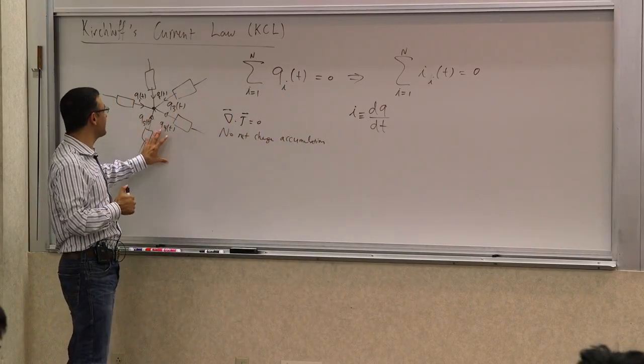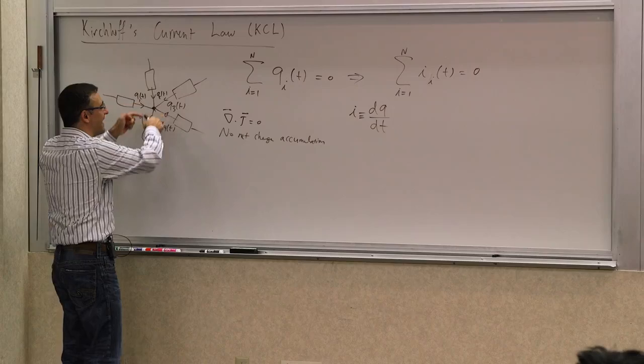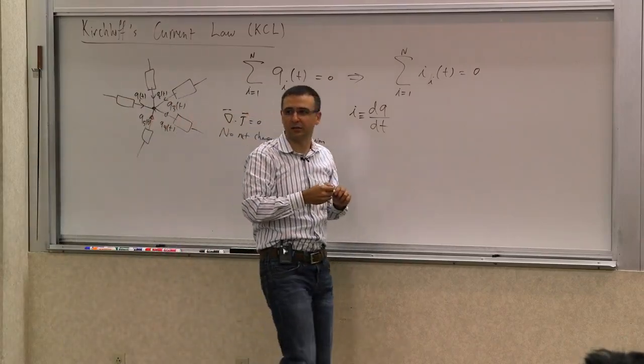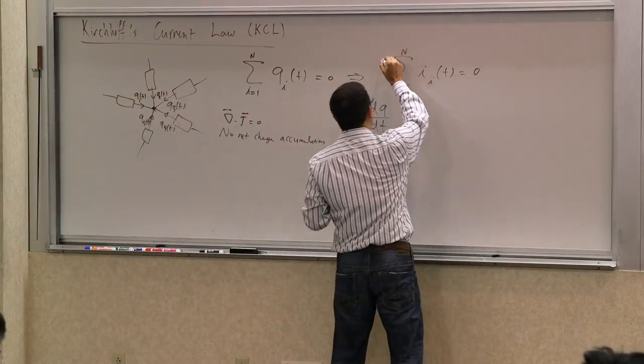So this basically says that the sum of all the currents at any instant, the sum of I(t), has to be 0 in the circuit domain. And that's basically KCL.